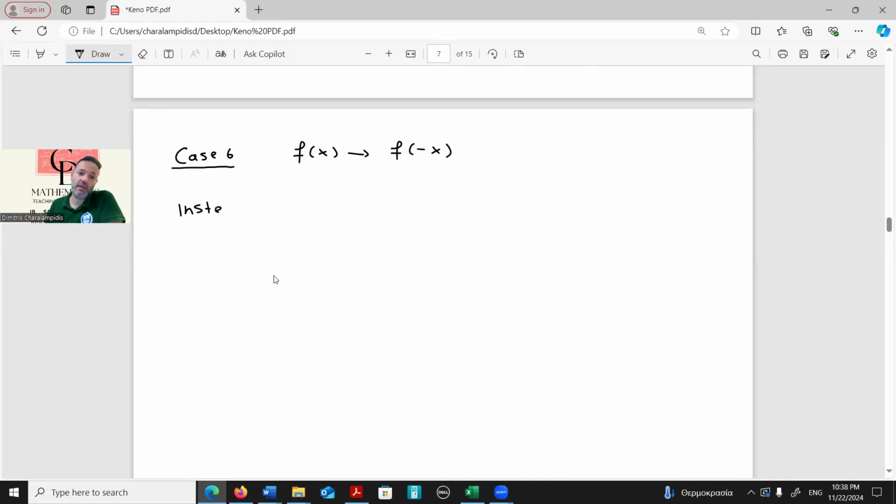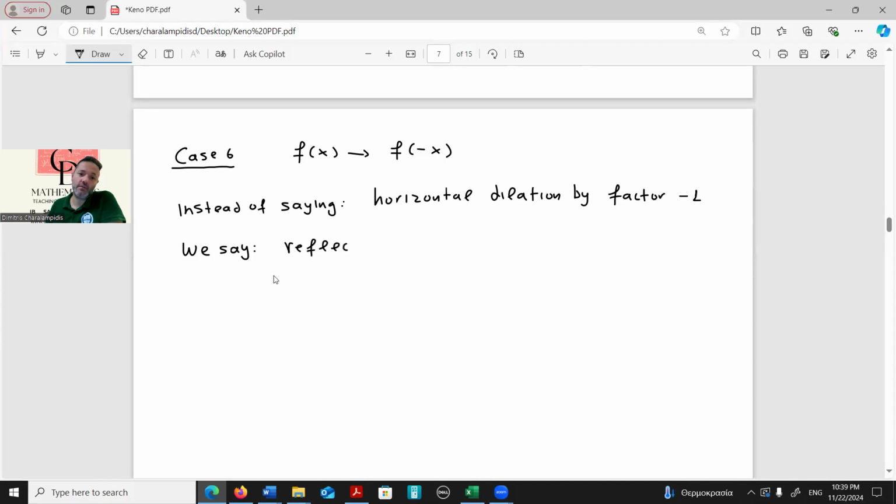Here as well, instead of saying horizontal dilation by factor -1, we rather say a reflection on the y-axis.